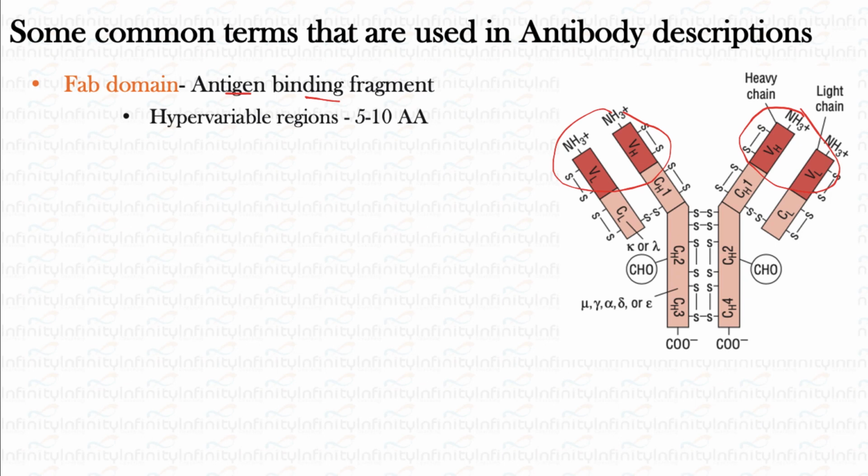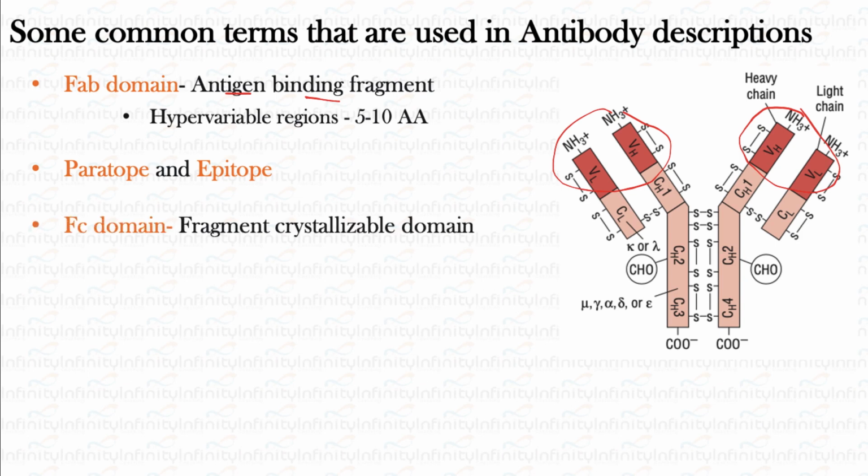Alright, so the next terms that we commonly encounter are paratope and epitope. A paratope is the part of the antibody that binds to an antigen, and an epitope is the part of the antigen that binds to the antibody. The next common term is Fc domain. Now Fc domain stands for fragment crystallizable domain, and it is this part.